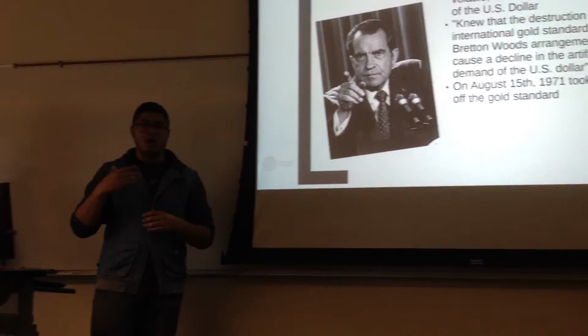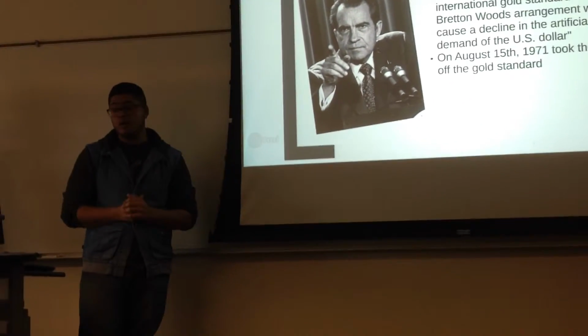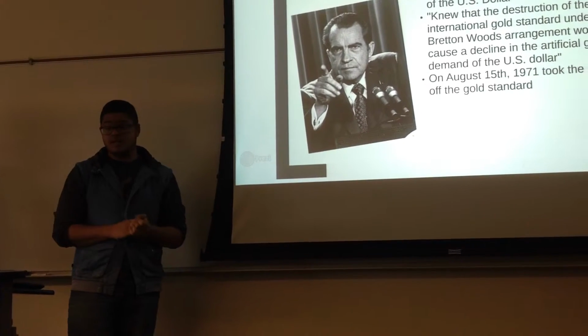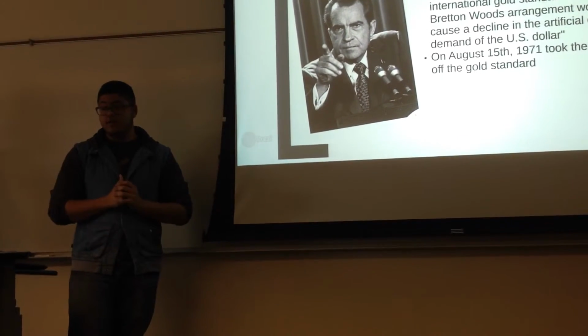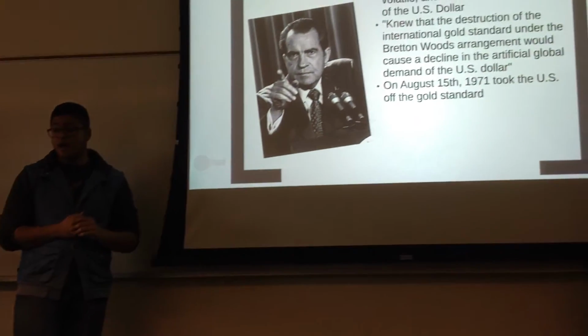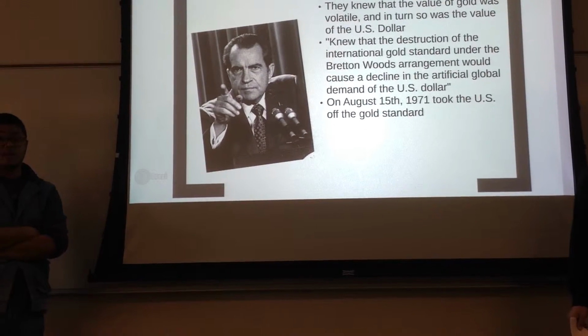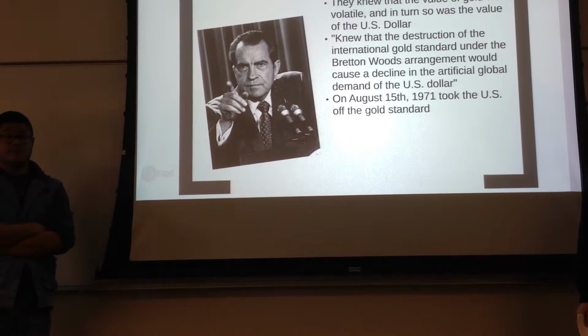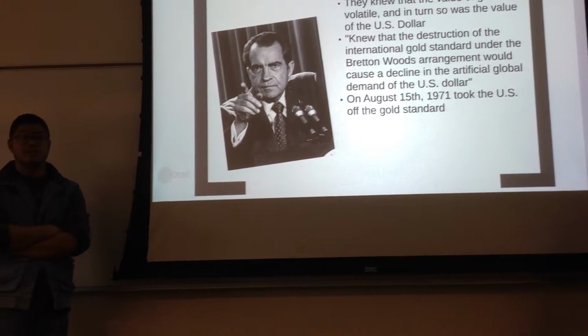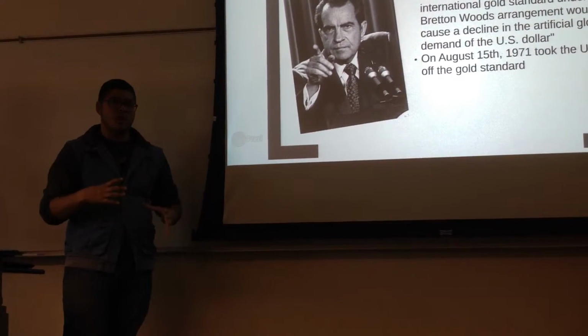And if they wanted our economy and the value of our dollar to grow, they knew they had to ditch the gold standard. They knew that the destruction of the international gold standard under the Bretton Woods arrangement would cause a decline in the artificial global demand for the U.S. dollar. So on August 15th, 1971, Nixon took us off the gold standard, which is where we are today.